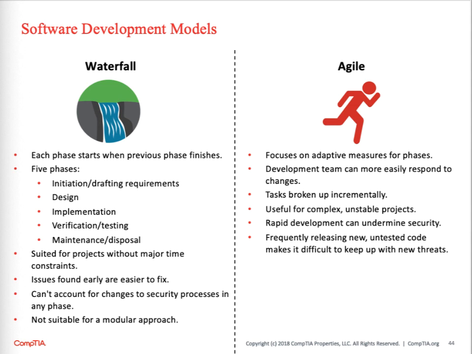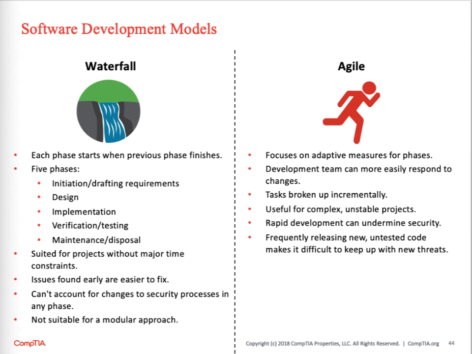This will be useful in complex, unstable products that are hard to predict how we're going to change. So we're going to have an overall idea of how we want to do things, and we're going to just break things up into, okay, this week we're going to get this part of the web page done. Next week we're going to get that part, or we're going to implement this feature or that feature, right?